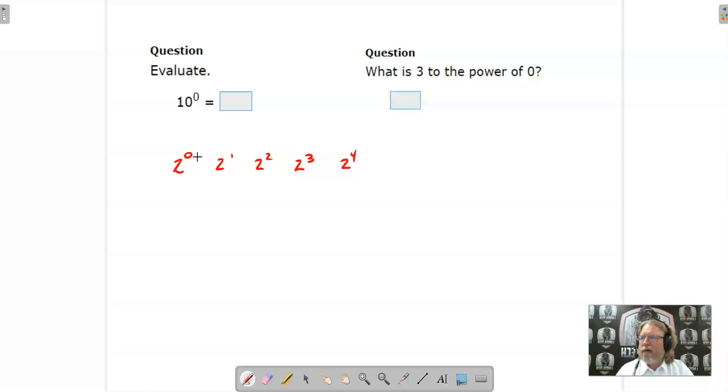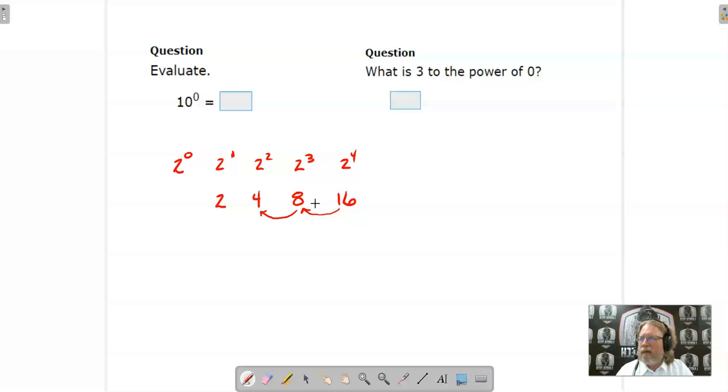Well, let's say we don't know what 2 to the 0 power is. We're just trying to find something out, right? But 2 to the 1st, right, is 2. And 2 to the 2nd is 4. And 2 to the 3rd, well, 4 times 2 is going to be 8. And 2 to the 4th is going to be 16. So what's the pattern here? As we go from 16 to 8, you might say, oh, we subtracted 8. Well, to get to 4, subtracting 8 doesn't work, right?